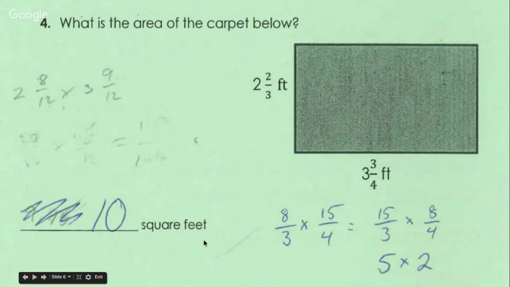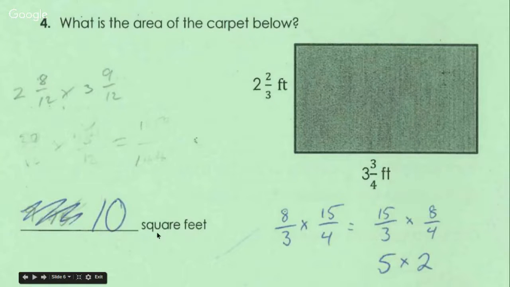Now, if you did not switch the numerators and you did 8 times 15, you should have gotten 120 as your new numerator. And 3 times 4 should give you 12 as your new denominator. So your answer might have been 120/12. And if you did 120 divided by 12, you would still get 10 as your solution.